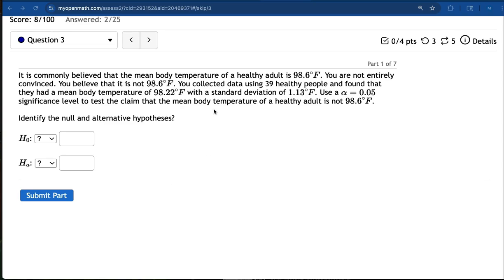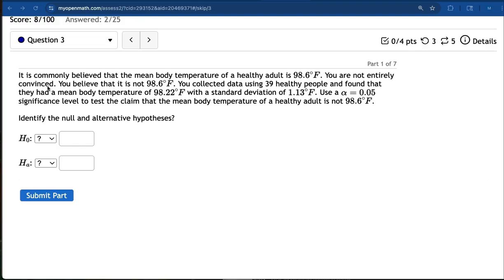We have another video here in our statistics series on inference. We're just going to do one more example on inference of a mean, and this one is about body temperature. So let's read the question. It is commonly believed that the mean body temperature of a healthy adult is 98.6 degrees Fahrenheit. You are not entirely convinced.